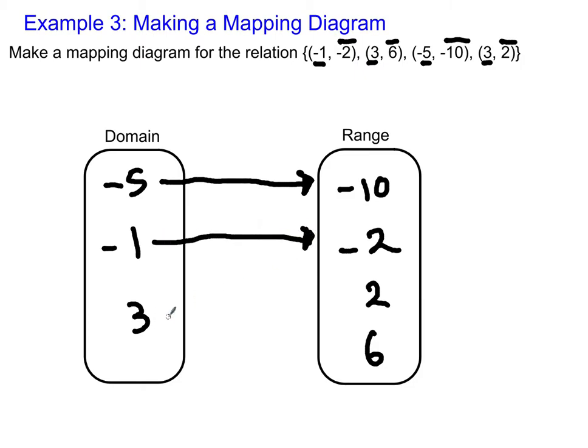And then 3 maps to 6. And 3 also maps to 2. So this is our mapping diagram for this relation. Domain in order, range in order, and then you show the connections here. So that's all you need to know for relations.